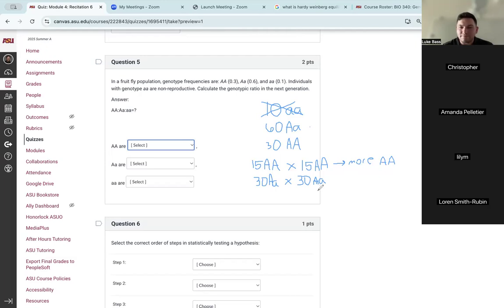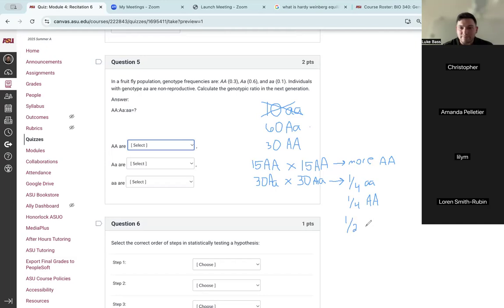One fourth of those are going to result in the homozygous recessive, one fourth will be homozygous dominant, and then we'll have one half heterozygous again. So this is population one, F1, generation one. And that's what the question wants, right? What are the new ratios in F1?